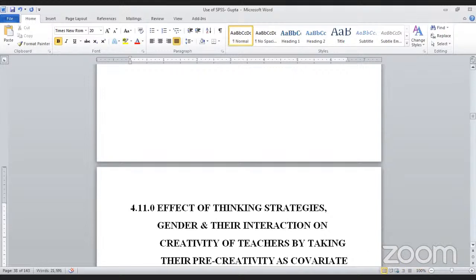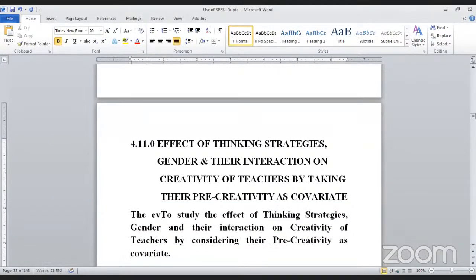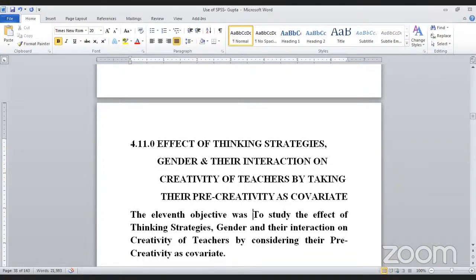So then I'll say the 11th objective was to study the effect of thinking strategies, gender, and their interaction on creativity of teachers by considering their pre-creativity as covariate.